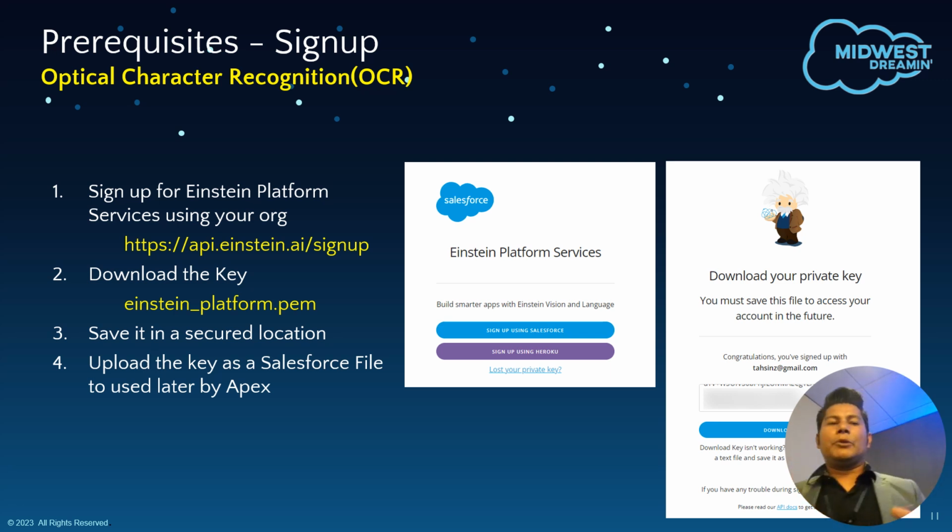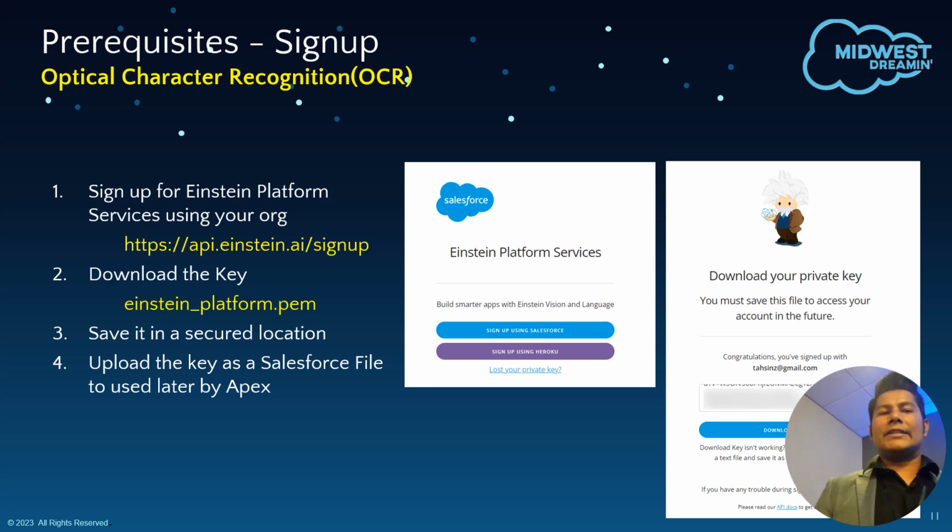And once you sign up, you are going to get a particular private key that is in PEM format, and that will be used to authenticate with Einstein, so that anybody can't just log in and get the service they need. So these are pretty handy and important. Make sure that whenever you have the PEM file, the private key, you save it in a secure location.